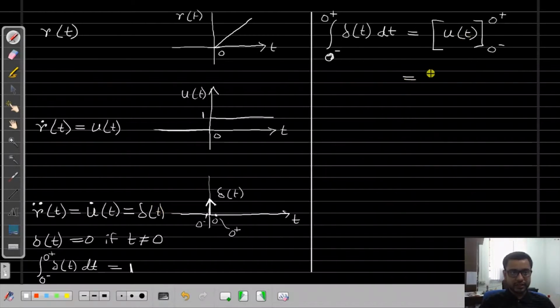So this is then equal to u of 0 plus minus u of 0 minus, which is the same as 1 minus 0 equal to 1. So this justifies the definition of delta t.